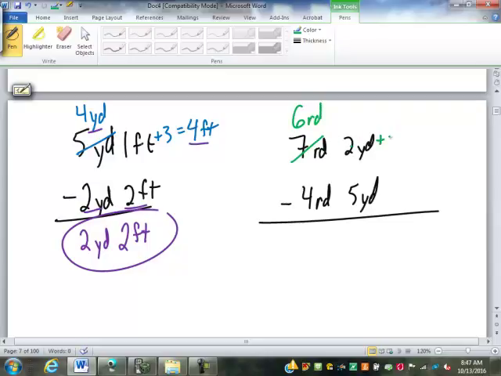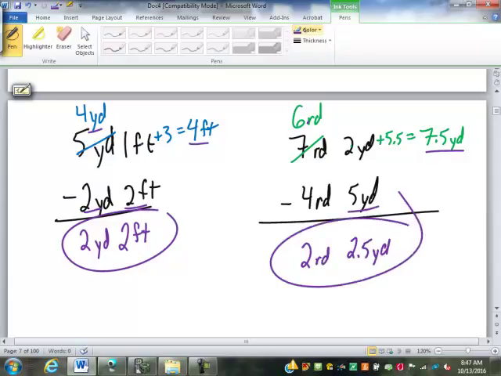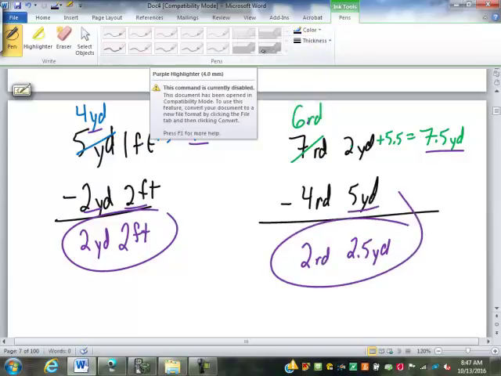Yeah, 1 rod is 5.5 yards. So I add 5.5 and now I have 7.5 yards. 7.5 minus 5 is 2.5 yards. 6 minus 4 is 2 rods. What do you think? Not terrible? It sucks?